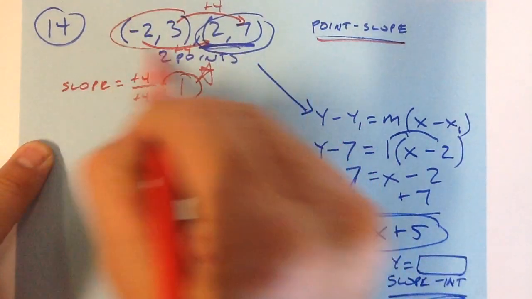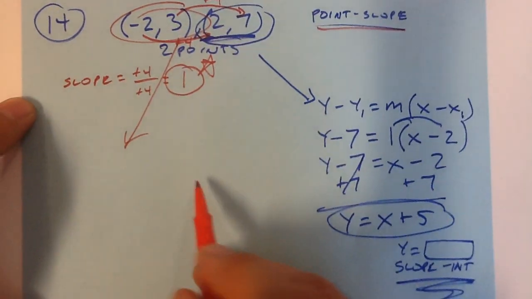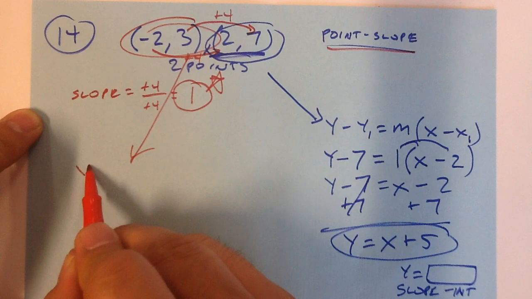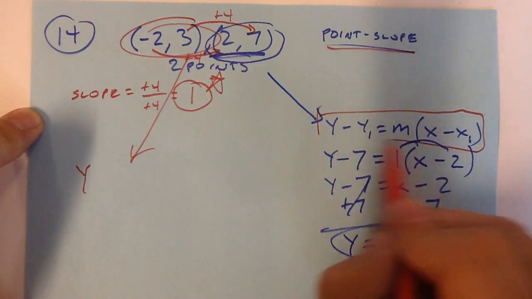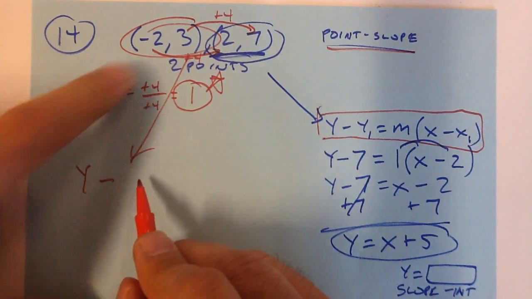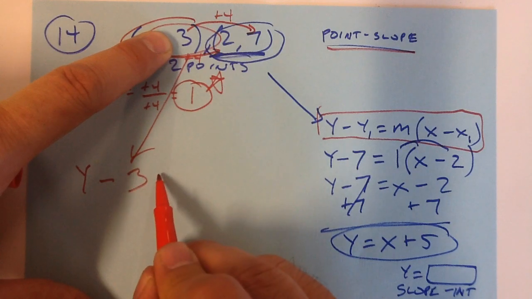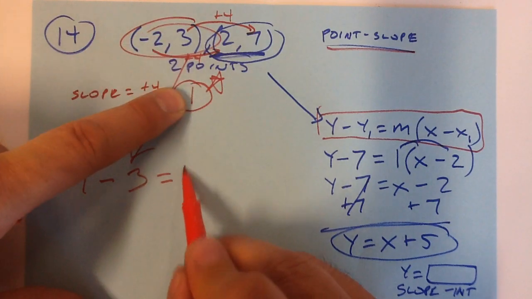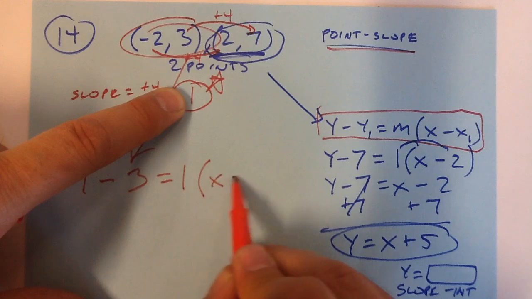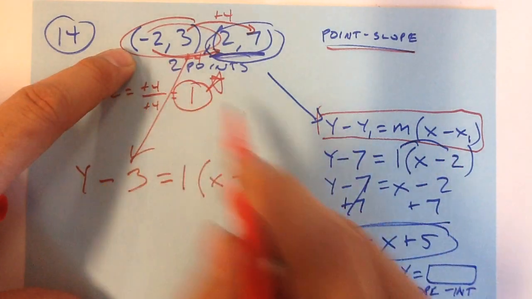Now again, for the benefit of the people that maybe chose this point instead, it would look like this. Once again, going to the formula, y minus y1, in this case is the 3, equals our slope of 1, and then x minus x1, which is the negative 2.